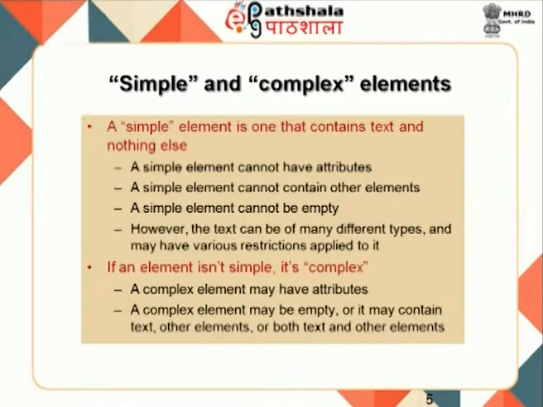The text can be of different types, and you can have restrictions applied on simple types. If an element is not simple, then it is called complex. A complex element may have attributes, and it may be empty, or it may contain text, other elements, or both text and other elements.